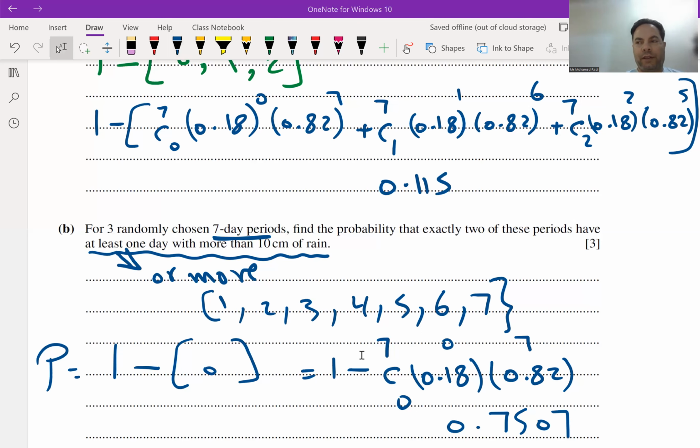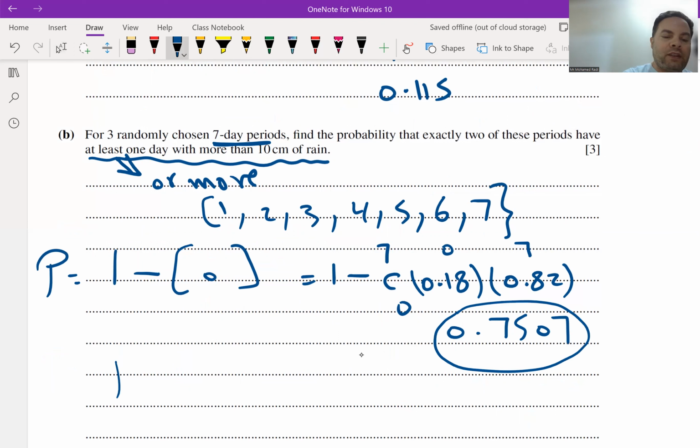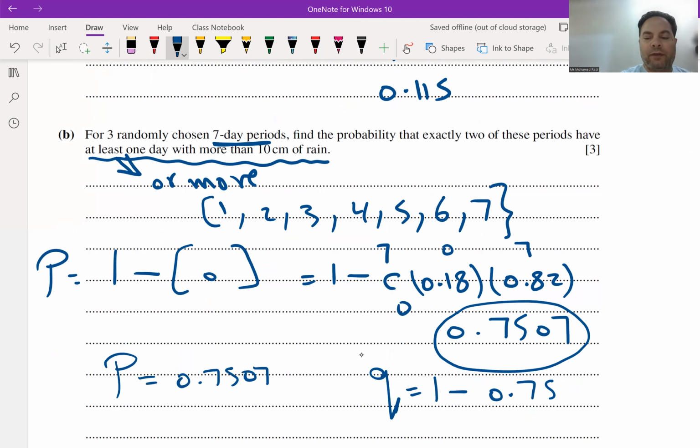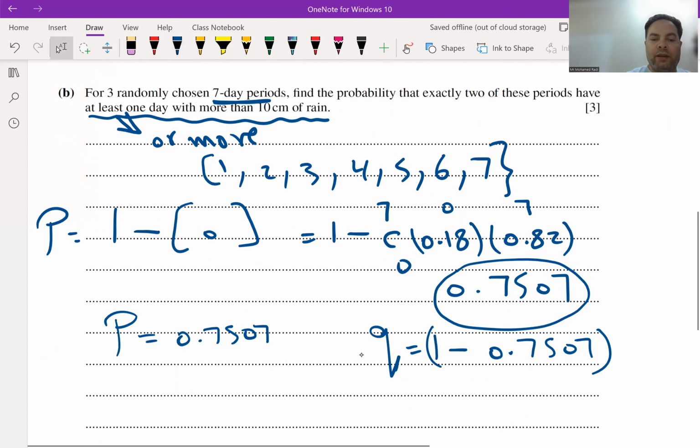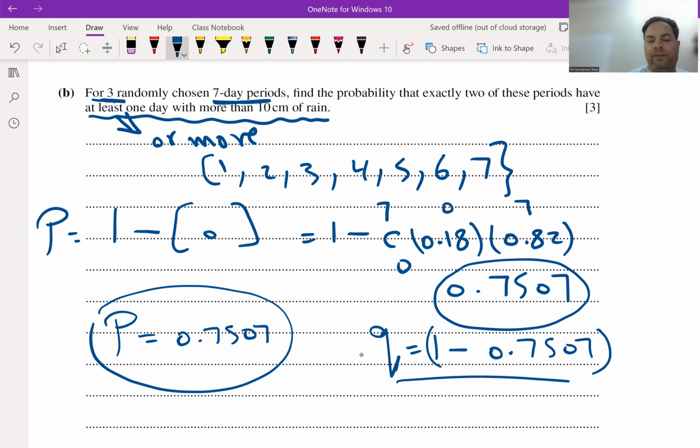Let's say this is the value of the probability. Let's say this is P, which is 0.7507, and its Q is 1 minus 0.7507. The question now is, for 3 randomly chosen periods, this is the probability that there will be at least one day with more than 10 centimeters, and this is Q. We need exactly 3 selections.